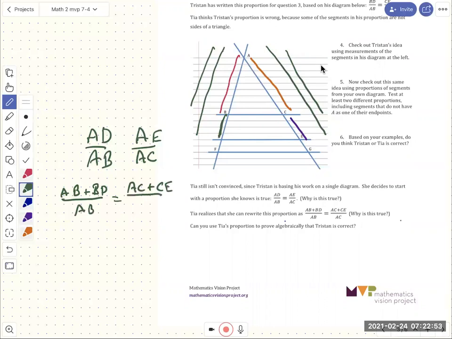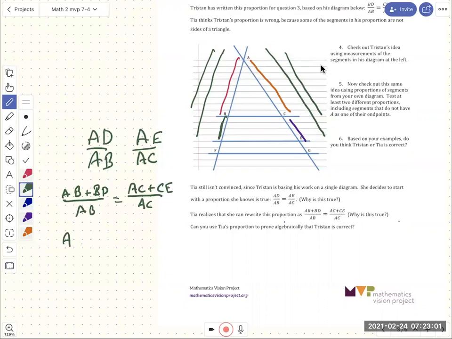And you're comparing that to the short side, AC. So if you take a look at that, you say, well, I can cross multiply. It should be equal. AC times (AB plus BD) should equal AB times (AC plus CE). So let's see what we get when we do that.